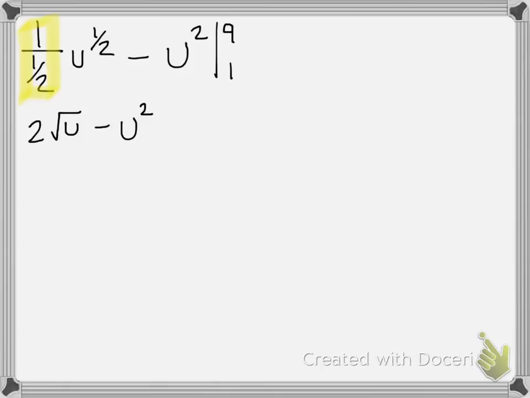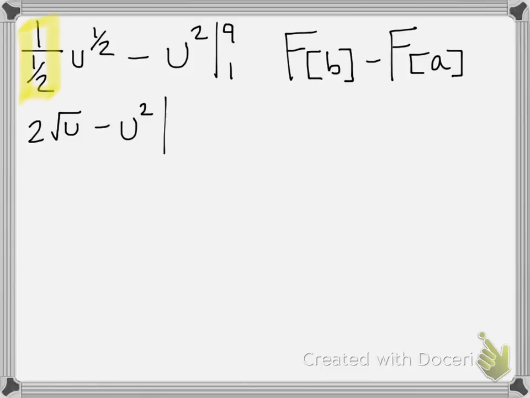Okay, so now we go back to our lovely expression here, F of b minus F of a. And we just plug in those values from 1 to 9. And 9 is our b, and 1 is our a.